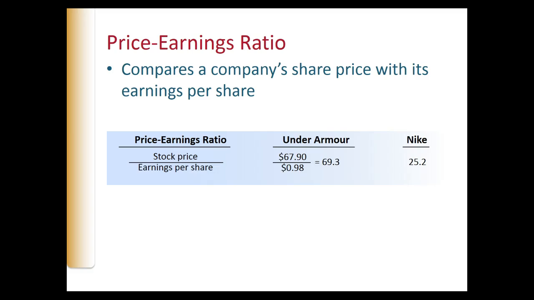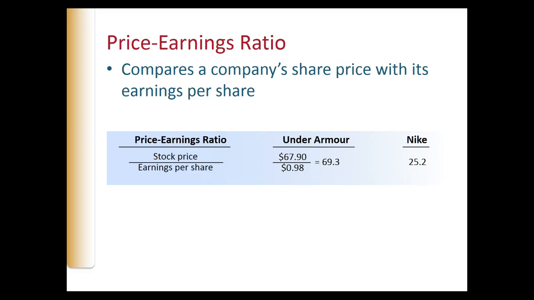By the end of 2014, Under Armour's closing stock price is $67.90, and the company's reported earnings per share for 2014 is 98 cents. This represents a PE ratio of 69.3. The stock price is trading at 69 times earnings. In contrast, the PE ratio for Nike is 25.2. Stocks commonly trade at a PE ratio somewhere between 15 and 20.